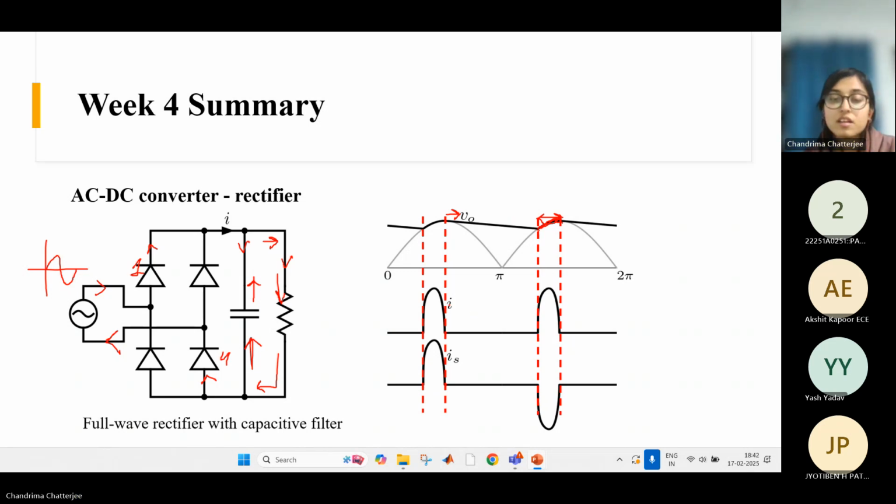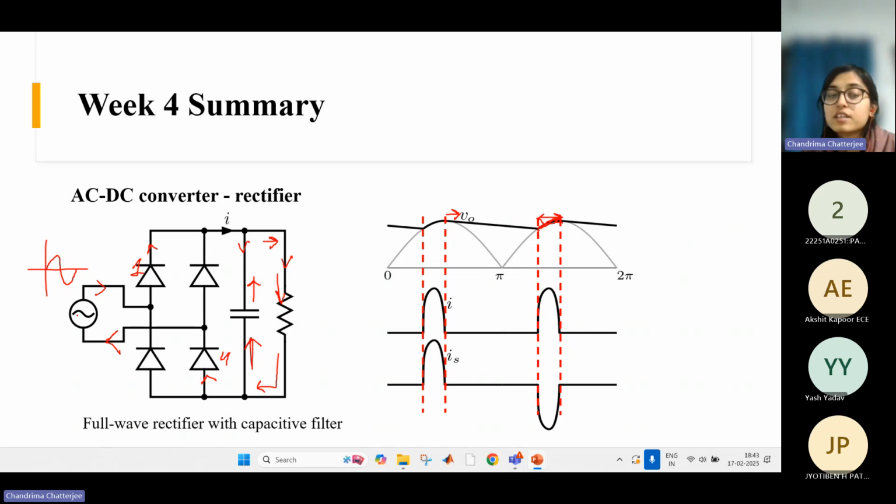Now what will happen to the source current? Suppose when you are turning on this circuit at the beginning, the capacitor is not charged, right? It doesn't have any voltage across it. So this is the steady state voltage waveform.